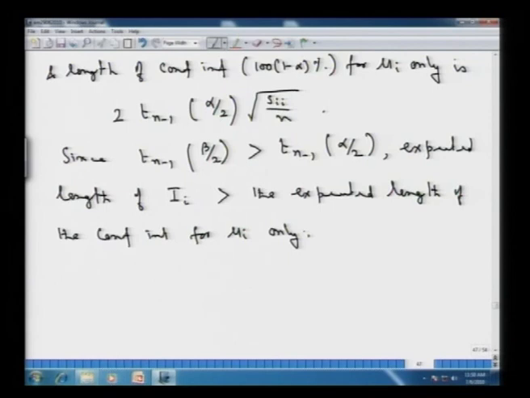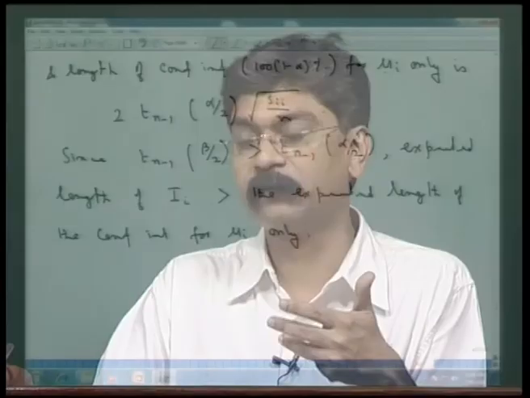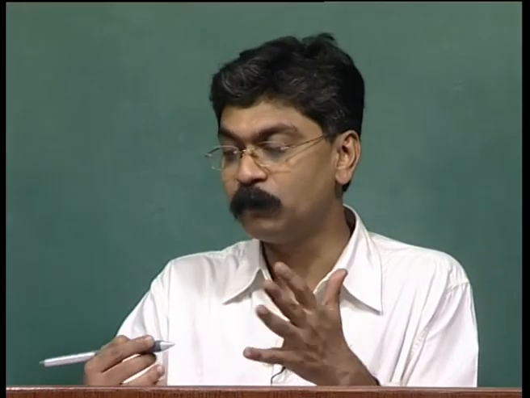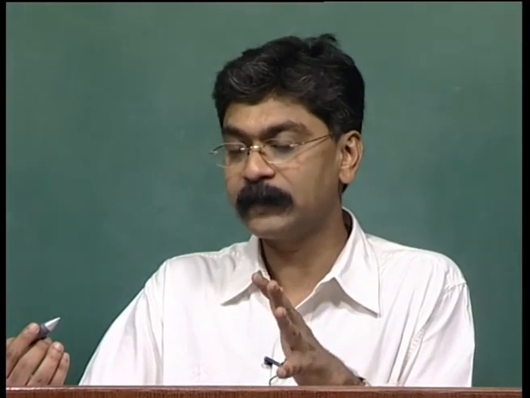So, this basically justifies our intuition that if we are trying to make a 100 into 1 minus alpha percent confidence interval for mu I only, then that is basically taking care of one mu I component. If we are going to have a simultaneous confidence interval for p such mu I's and trying to ensure that for all those p components the coverage, that mu I belongs to the respective I interval, that simultaneously the coverage probability is 100 into 1 minus alpha percent, that is going to look at p such components, while this looks at only one mu I component.